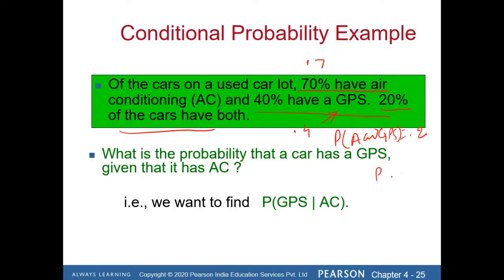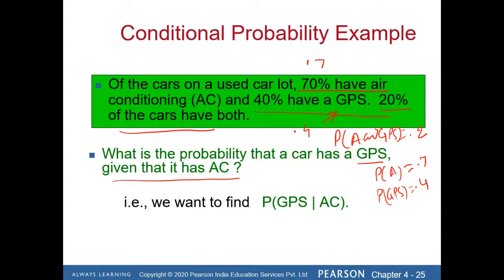Probability of AC is how much? 0.7. And probability of GPS is how much? It is 0.4. Am I clear? Now, what is the probability that a car has GPS given that it has an AC?